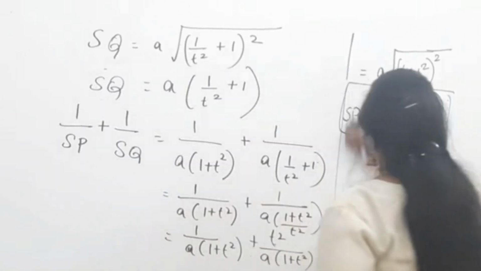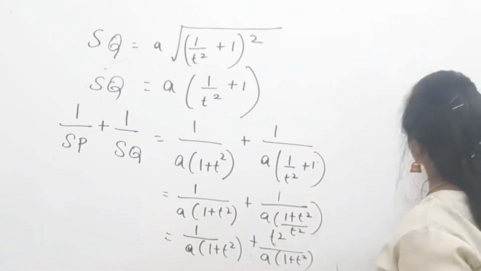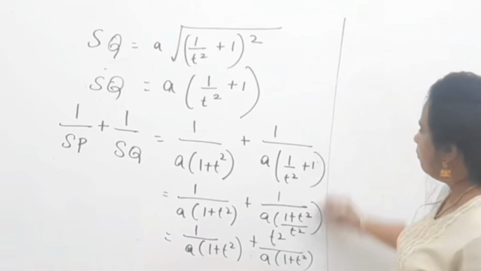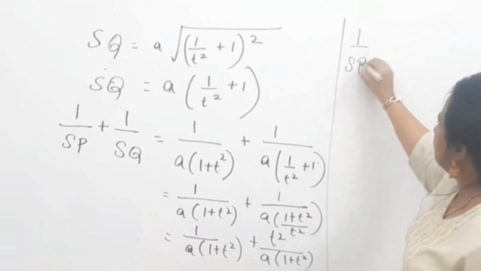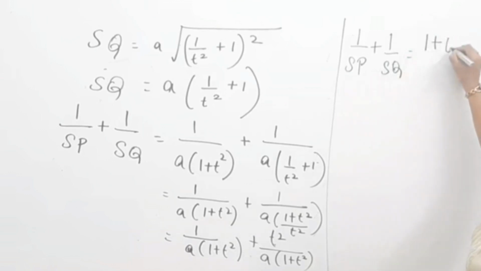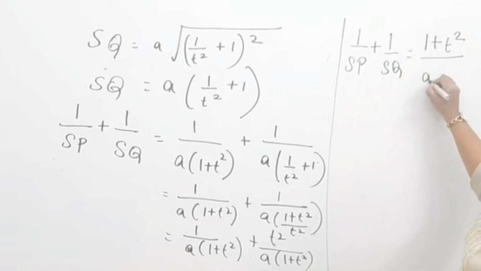Now I would just simplify the numerator just by adding. So I would have 1 by SP plus 1 by SQ is equal to 1 plus t square divided by a into 1 plus t square.